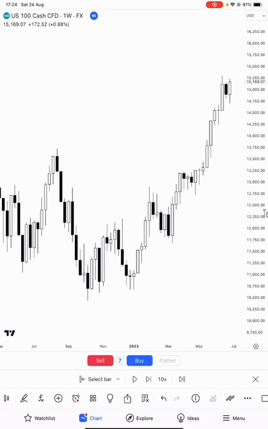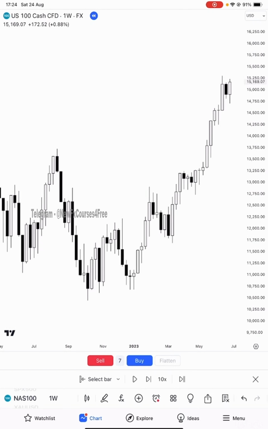And so how can we determine bias? Well, first of all, the definition of bias: price is going up, it's a bullish bias; it's going down, a bearish bias. But not price in general. I like to think of bias in relation to a specific candle.